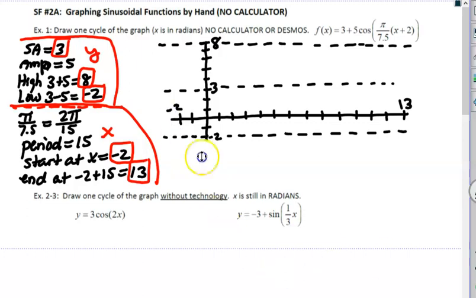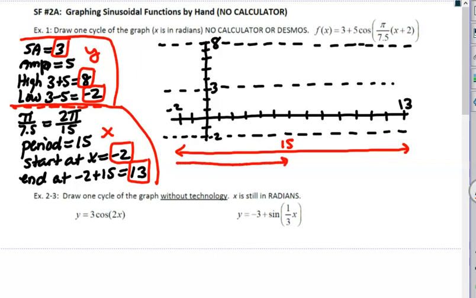I know the period is 15, and the other points are going to be evenly spaced. So what I need to think about here is, from here to here is 15. That's the period. So what would be half of the period? Well, half of the period would be dividing this into 2 increments of 7.5.